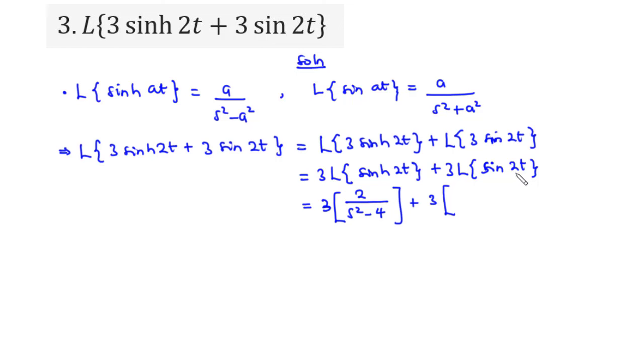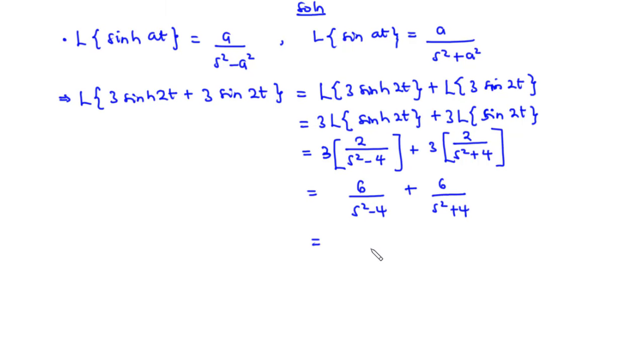So we have a to be 2, so we have 2 divided by s square plus 2 square, which is also 4. So we multiply the constant across. We are going to have 6 divided by s square minus 4 plus 6 divided by s square plus 4.